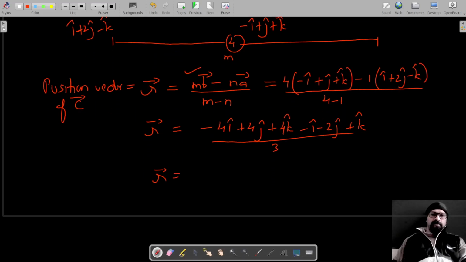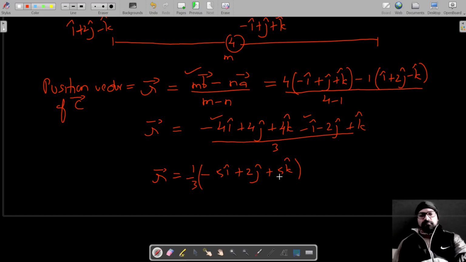So the position vector is now minus 4 and minus 1 is minus 5 i cap, 4 minus 2 is 2j cap, 4 plus 1 is 5k cap, and this is the position vector of C, which is minus 5 i cap plus 2j cap plus 5k cap divided by 3.